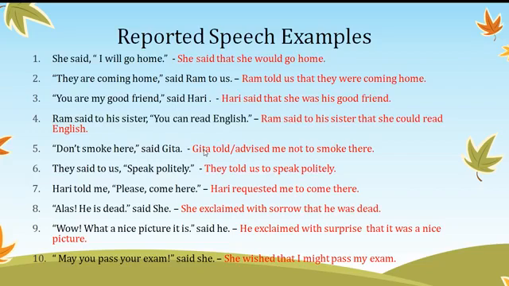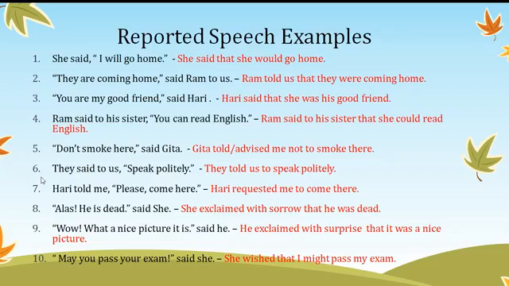What is the pronoun of Gita? She. So I am putting the object me, because that is different from Gita. So what is the answer? Gita told me or advised me. This is negative. I have already given the rule: don't becomes not to. Smoke. Then here becomes there, because that is a place, adverbial of place.